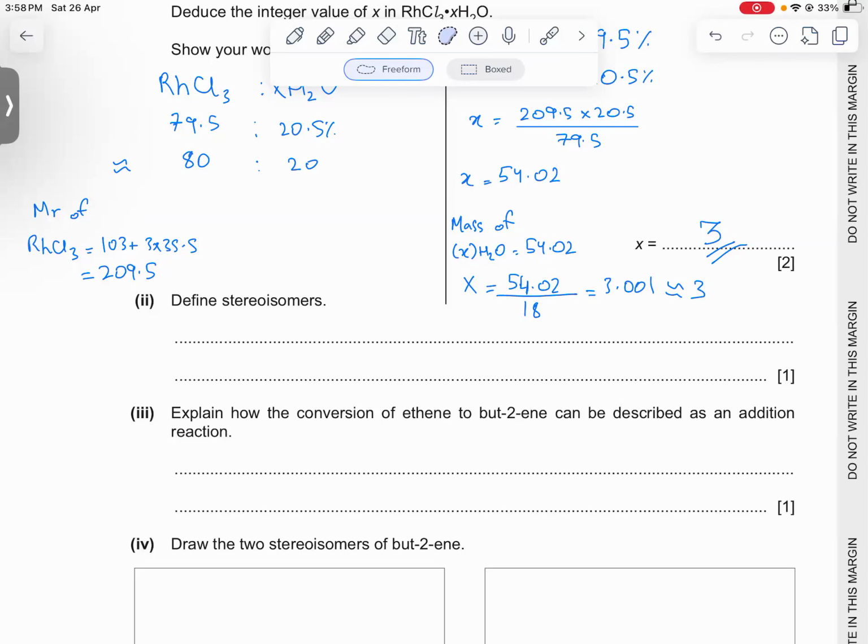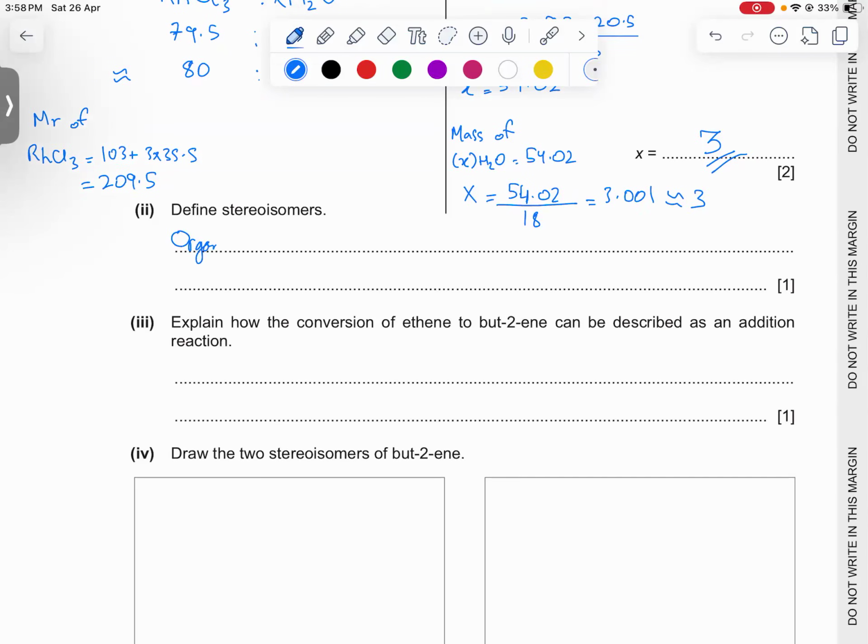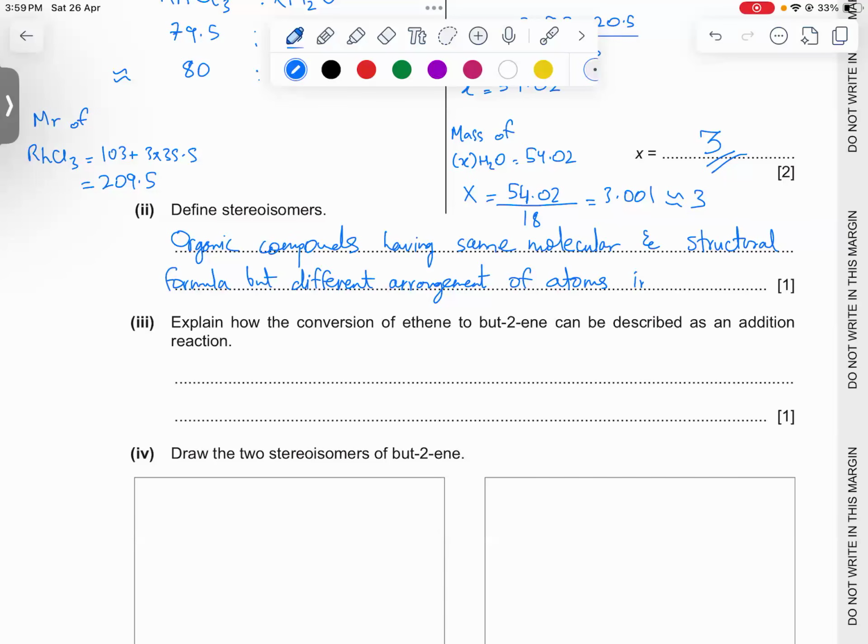That is the definition of stereoisomers that we would like to adopt, that we would like to say. Okay, so we will say organic compounds having same molecular and structural formula but different arrangement of atoms in space.